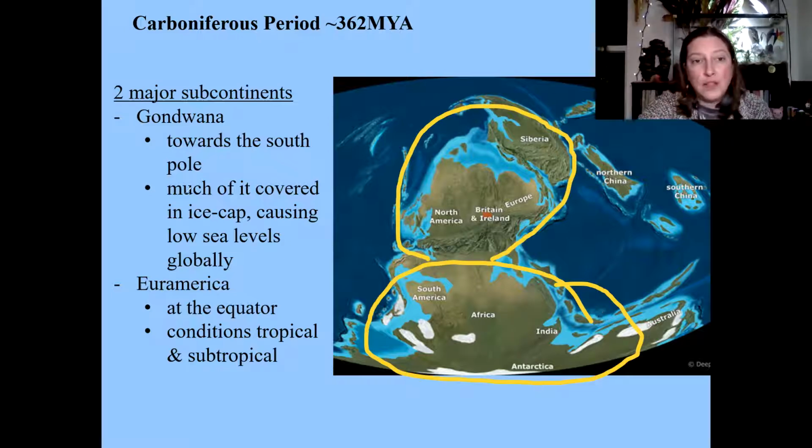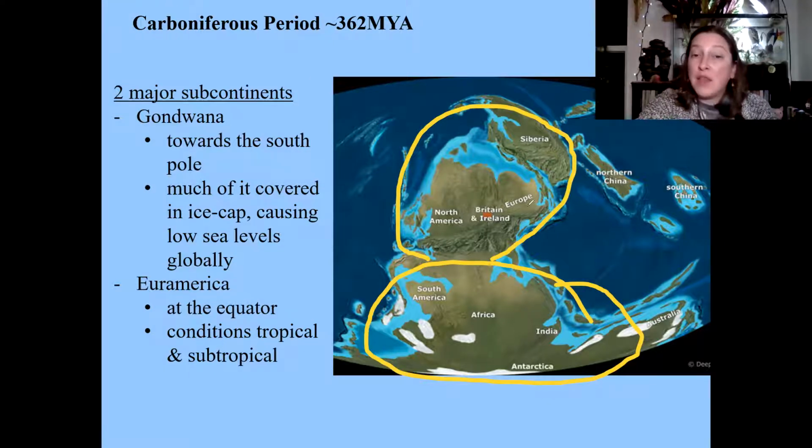You're by the South Pole. So you had a lot of ice and a lot of land that's basically covered in ice. And lots of seawater would have been incorporated in that ice. And so globally, the sea level was very low.